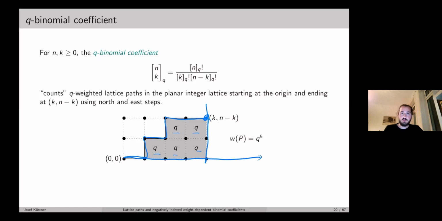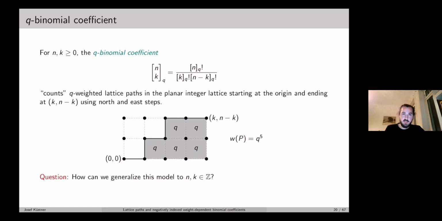So this path has weight q to the power of 5. And if we sum over all paths from 0, 0 to k, n minus k, then we will get the q-binomial coefficients. And again, we can ask the question how we can generalize this model to n, k integers, of course.